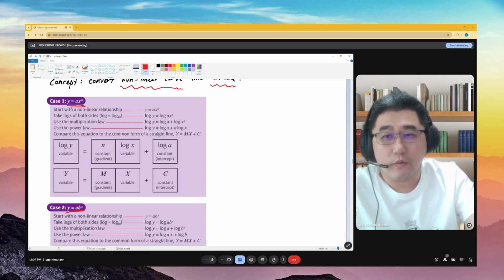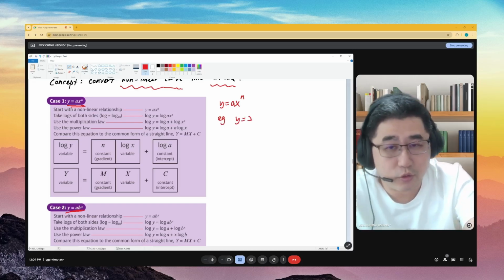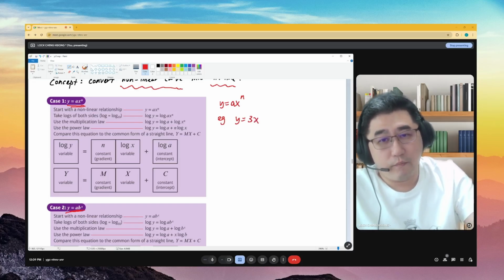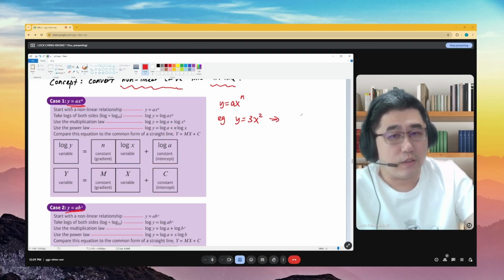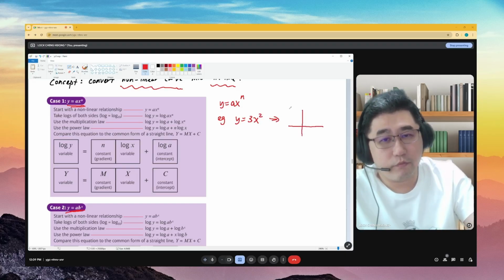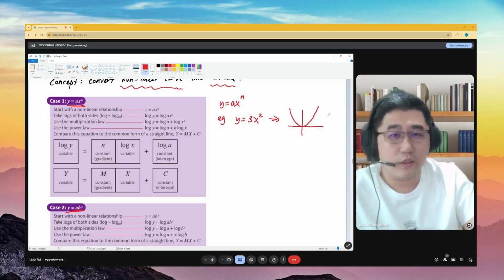One is in the form of y equals a x power n. For example, let's say y equals 3x squared. Obviously, this is a quadratic graph.